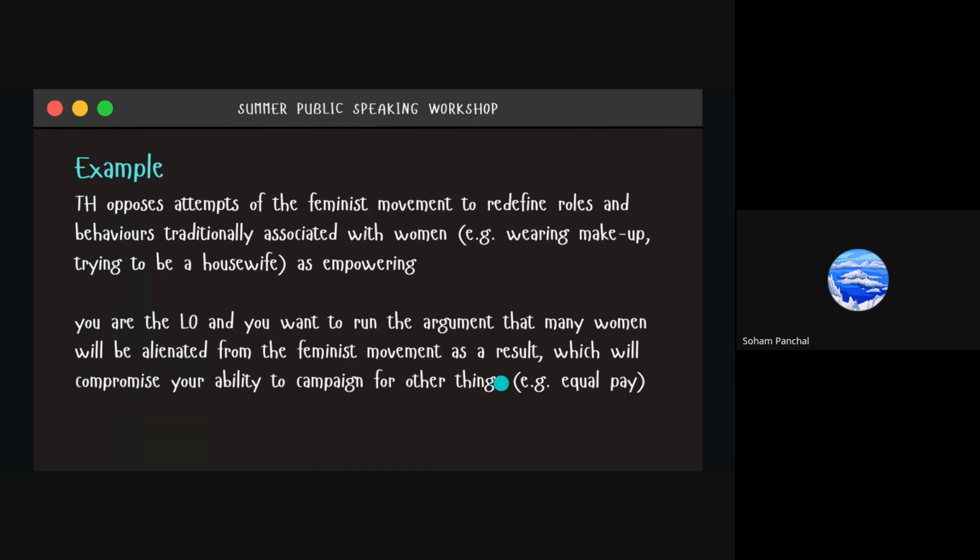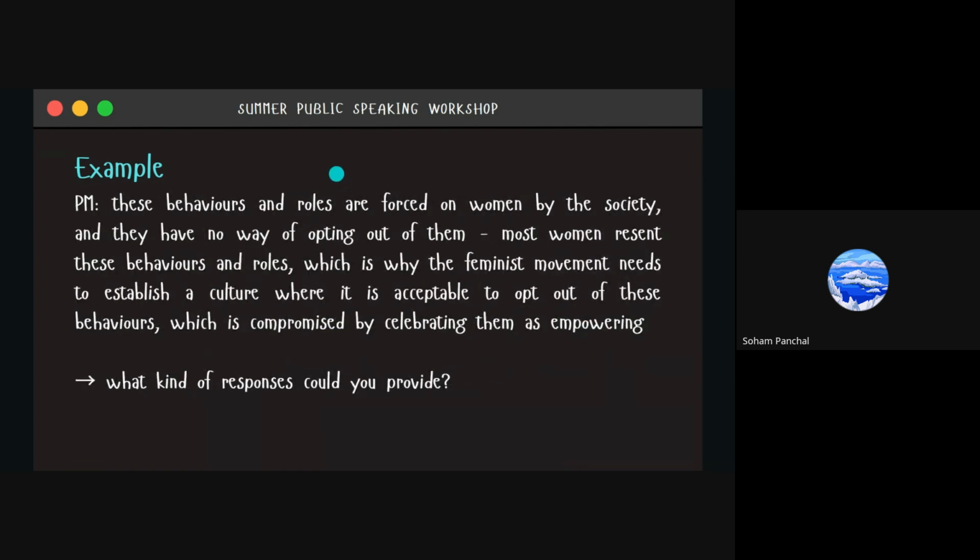So this is what the PM has briefly mentioned. Mainly, you have to come up with two kinds of responses. One is contradictory, and the other is alternative. So this is what the PM has mentioned. Now you guys could read, you could think. I will give you 4 minutes, and then you could raise your hand and come up with the rebuttals.